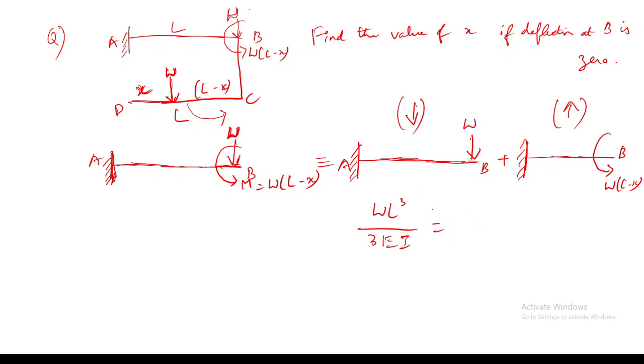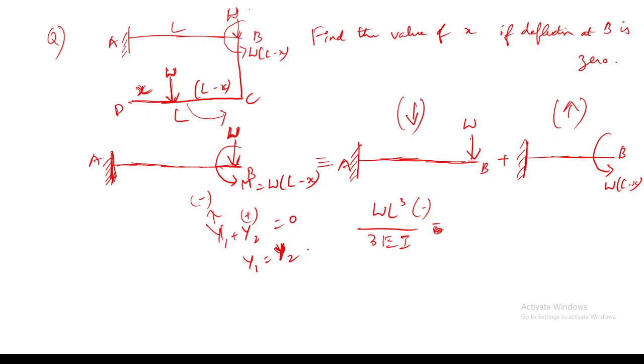Since this is downward, it can be a negative value and this will be a positive value. So when I'm writing the net deflection, which is y1 plus y2 equal to 0, this will be a negative value and this will be a positive value, so I can equate its magnitude.